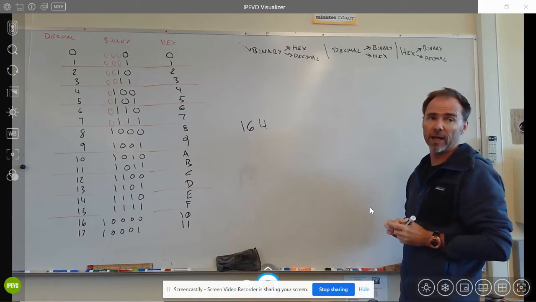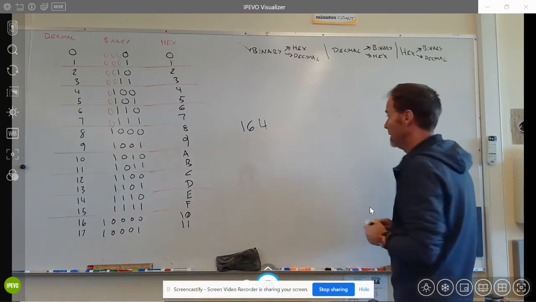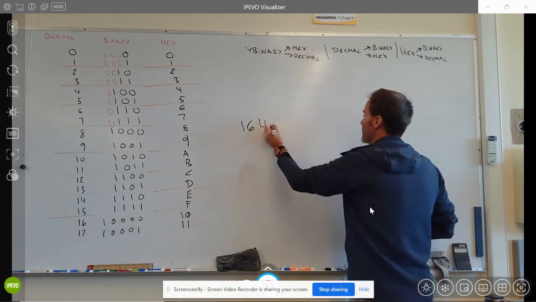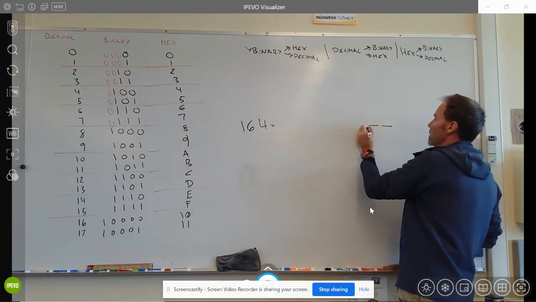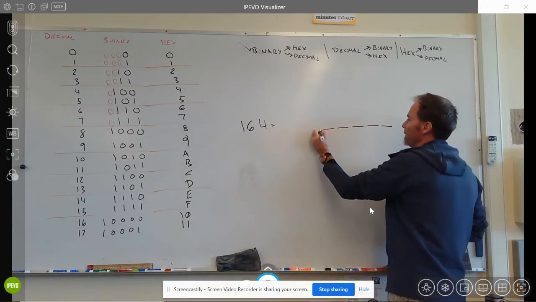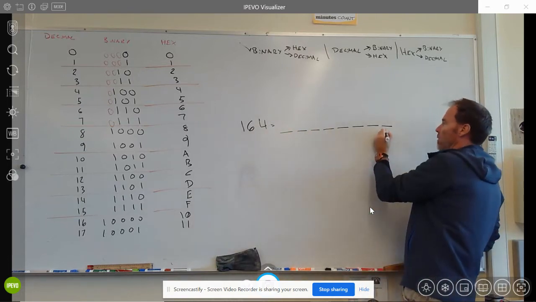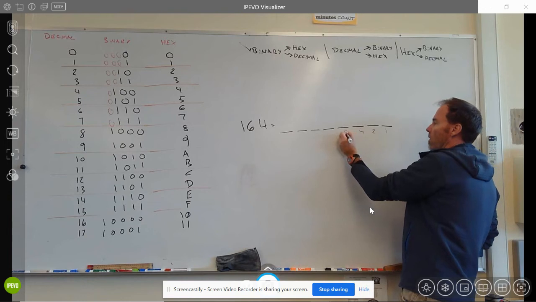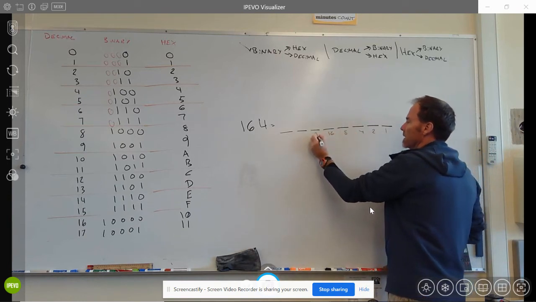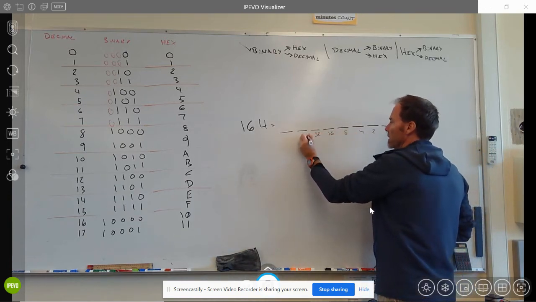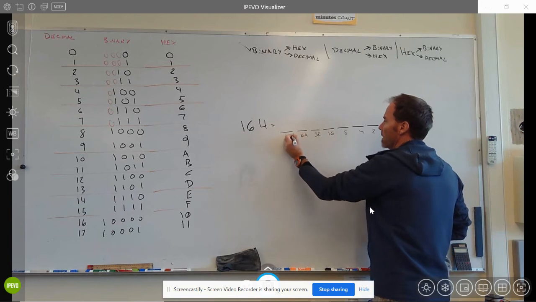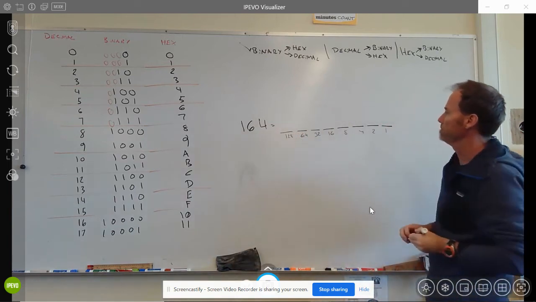First I want to convert that to binary. It's going to take 8 characters. 1, 2, 3, 4, 5, 6, 7, 8. I'm going to write 1, 2, 4, 8, 16, 32, 64, 128.